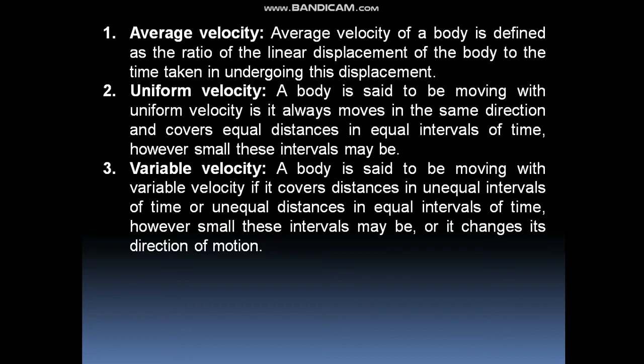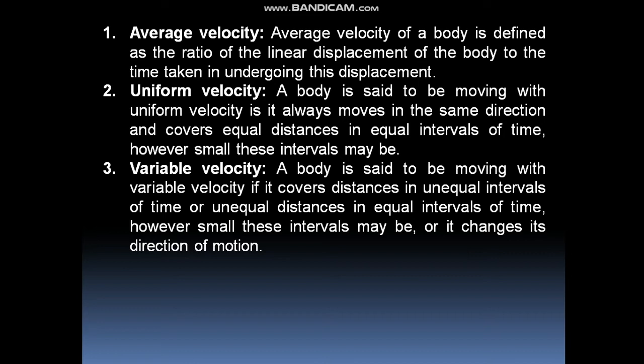And when you talk of variable velocity, then remember, in variable velocity, it might be that the direction changes, or it might be that the body covers unequal distances in equal intervals of time. So here we have to be very careful. When you use the term variable velocity, it might be that the body is traveling with uniform speed, but its direction is changing. Then it will become variable velocity.